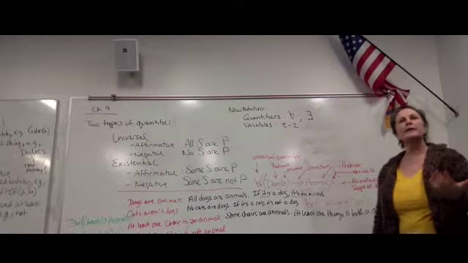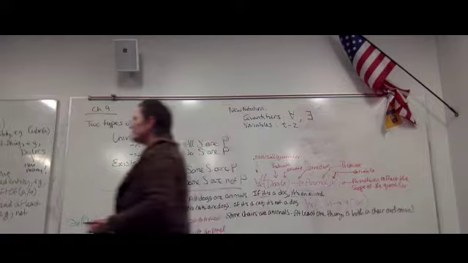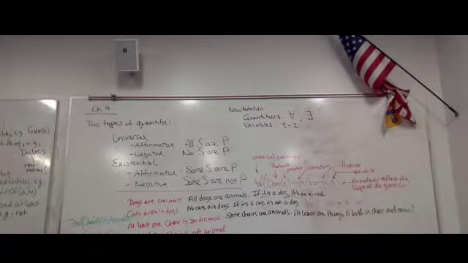So for our ordinary language sentences, we've got things like all, every, any. You're going to use your understanding of articles, right? For example, the article A can, depending on the context, be a universal or it can be an existential.